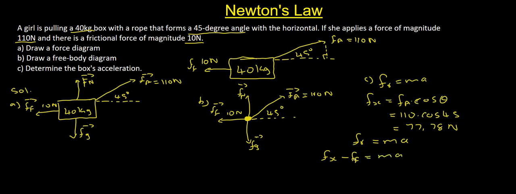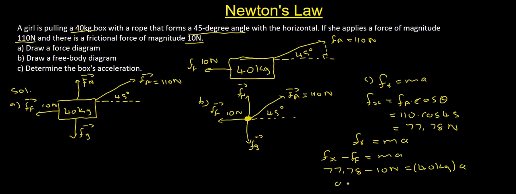Our horizontal component, we calculated it and we got 77.78 minus the frictional force, which they said is 10 Newton, equals to m, which is our mass of 40 kg, multiplied by the acceleration.